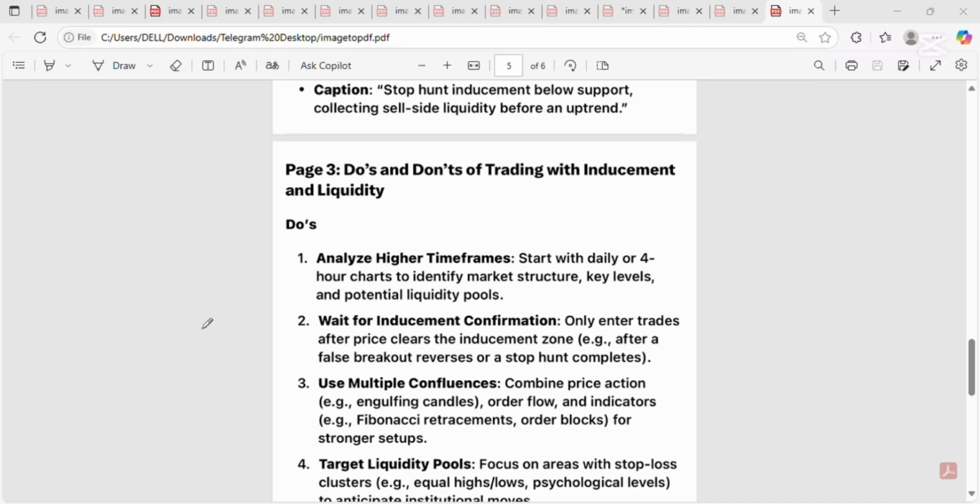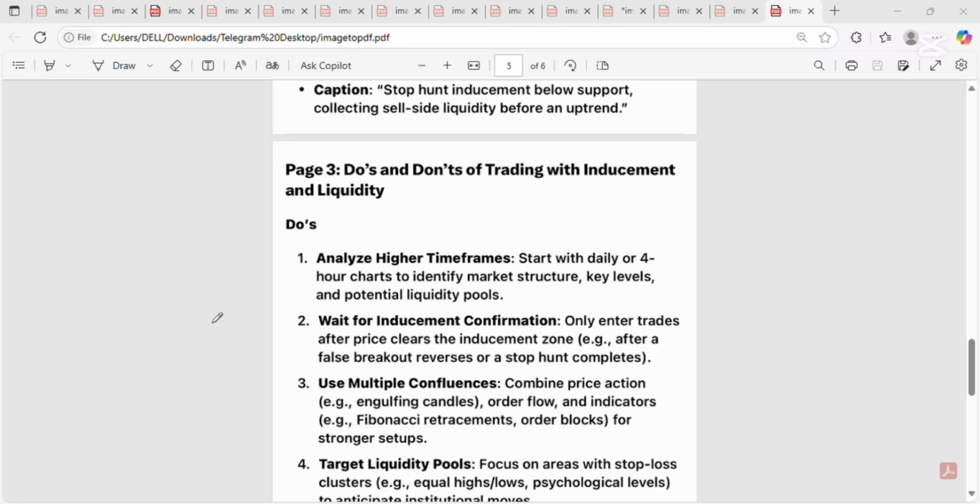You understand? So this is a what? A market structure shift to the upside. Now, the first swing low to this point becomes your what? Inducement. This area becomes your what? Your inducement. Now remember, there should be a breaker block here.